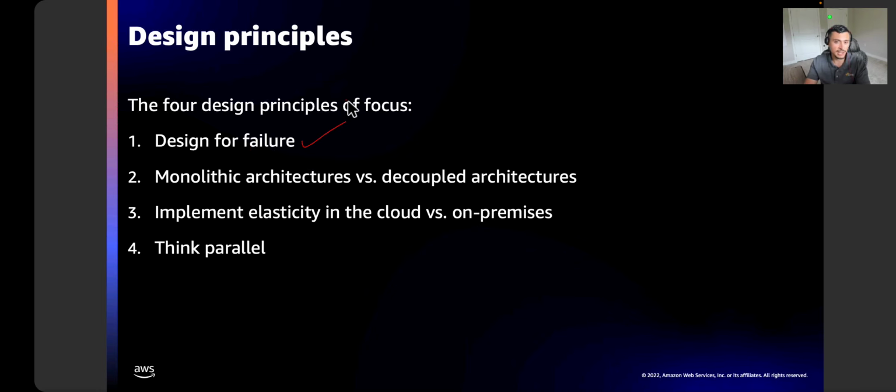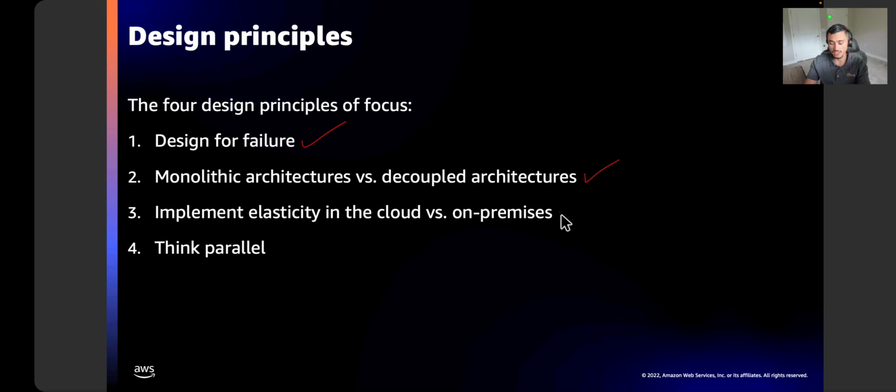Here we want to think about adding redundancy wherever we can. We want to understand the differences between a monolithic architecture versus a decoupled architecture, right? So what are the benefits of decoupling your architecture, having loosely coupled components?